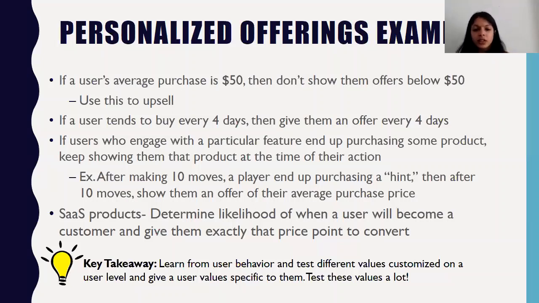So the key takeaway here is learn from user behavior, test different values, and customize them on a user level. Not just finding clusters and giving different segments different features based on what they like, but also customizing price points on a user level and giving a user value specific to them. And this is where testing is key.